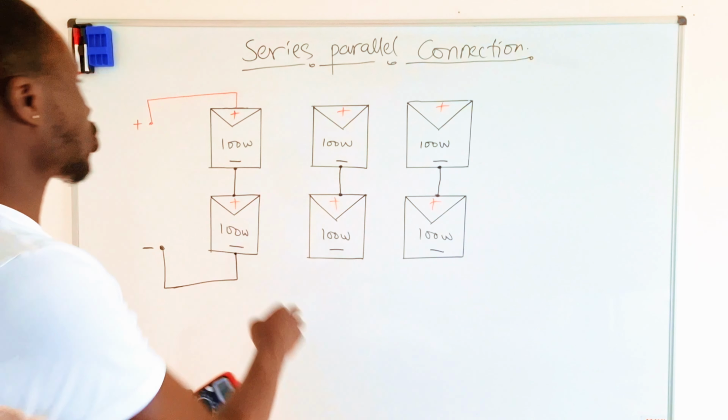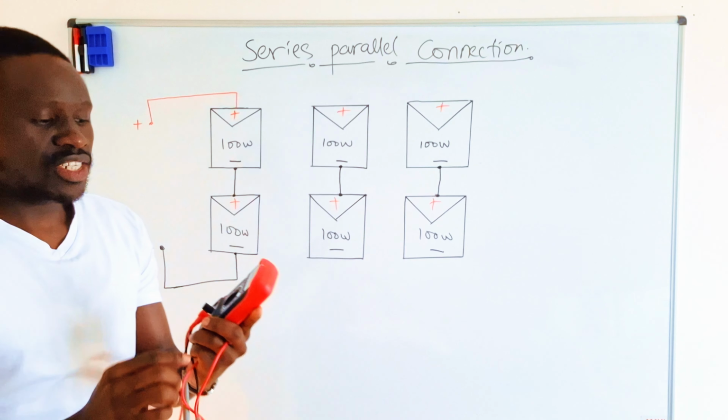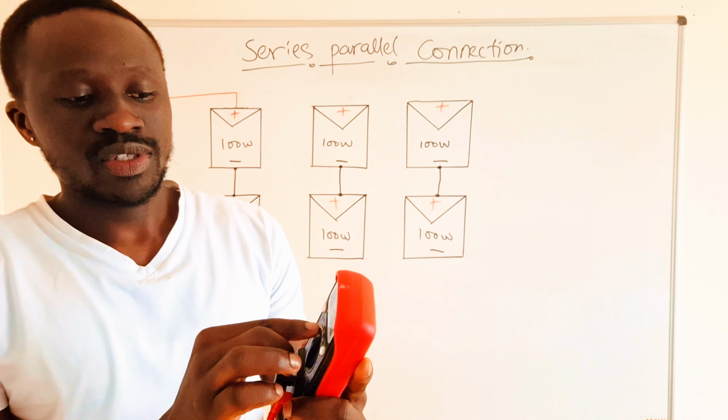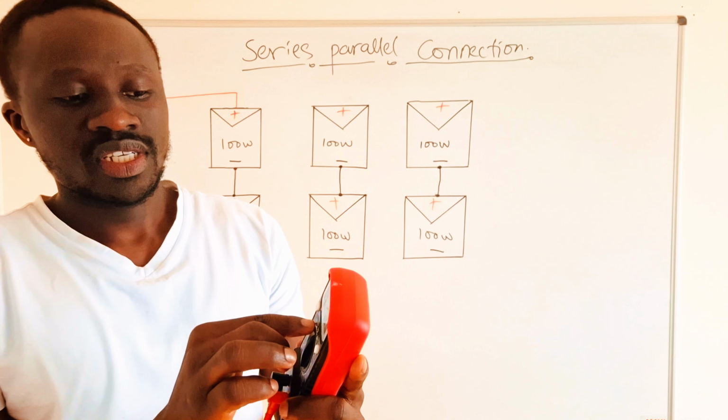Now to measure the 40 volts, you don't put your meter on 20 volts. Put your meter higher than the total voltages which we're expecting. We expect 20 plus 20, 40. Then this meter will have a 12 volts, 20 volts, 200 volts, okay, then 600 volts.